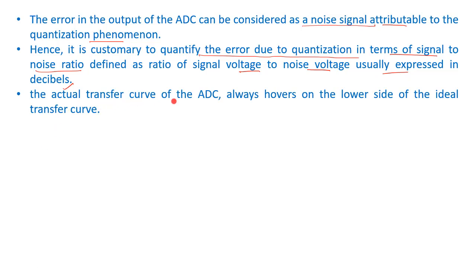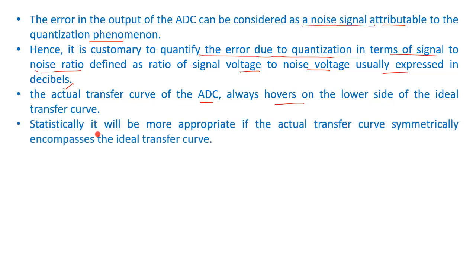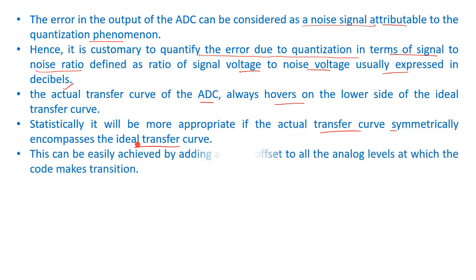So the actual transfer curve of the ADC always hovers on the lower side of the ideal transfer curve. Statistically it will be more appropriate if the actual transfer curve symmetrically encompasses the ideal transfer curve. That means your ideal transfer characteristic passes through the middle of the actual transfer curve, then obviously it is more appropriate, and it in fact reduces the quantization error.